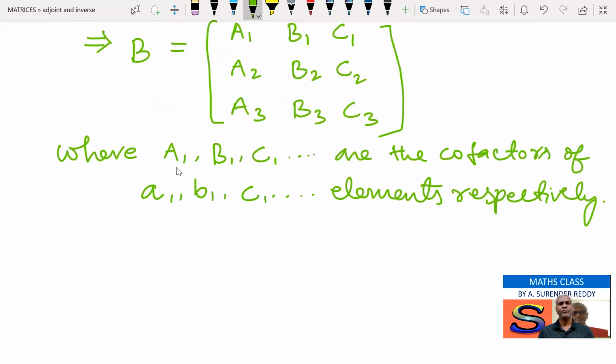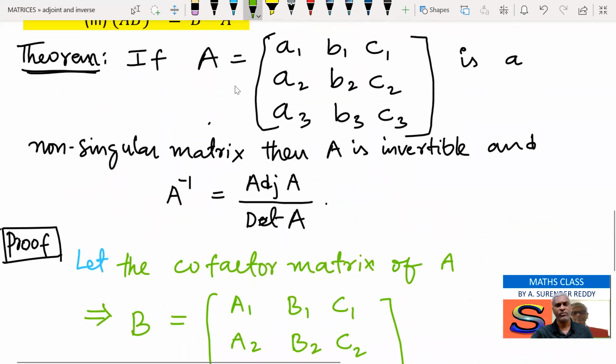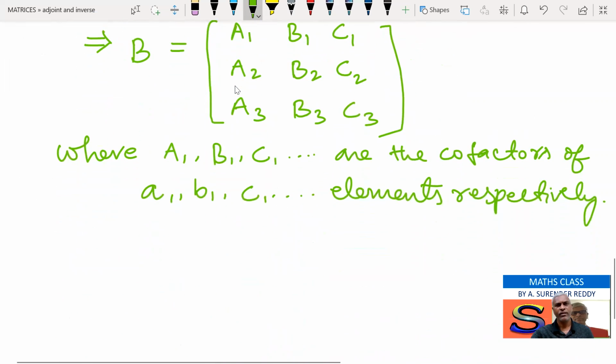That is, capital A1 is the cofactor of small a1, capital B1 is the cofactor of small b1, capital C1 is the cofactor of small c1 and so on. Capital A2 is the cofactor of small a2. So these capital letters are the cofactors of the elements of A.